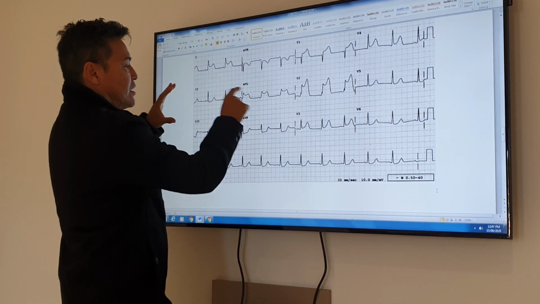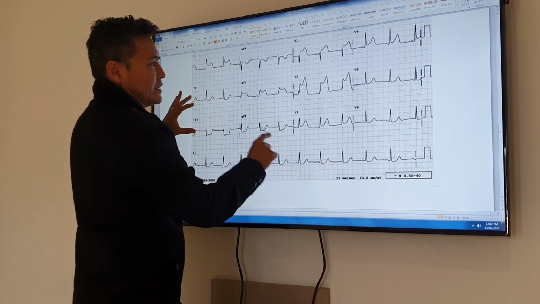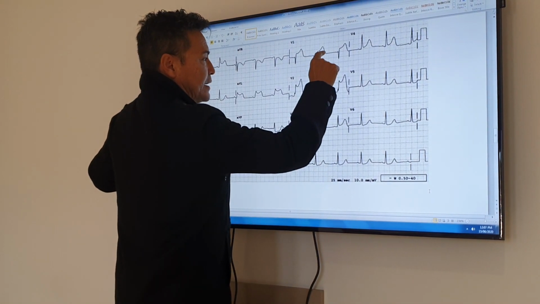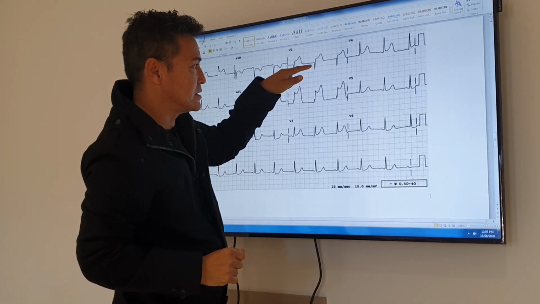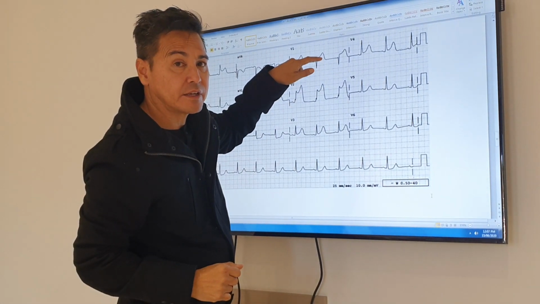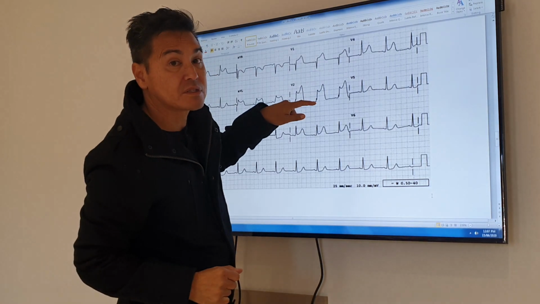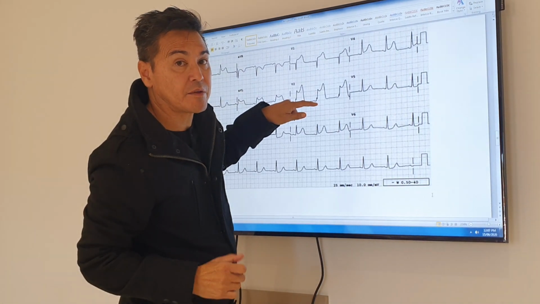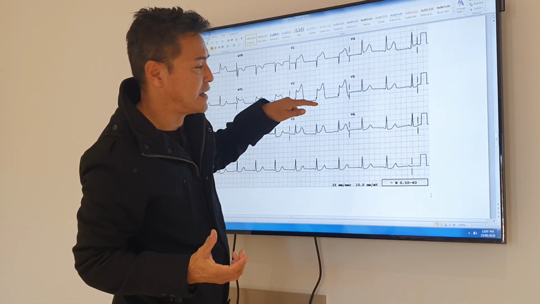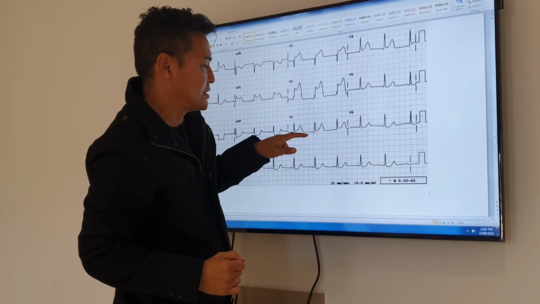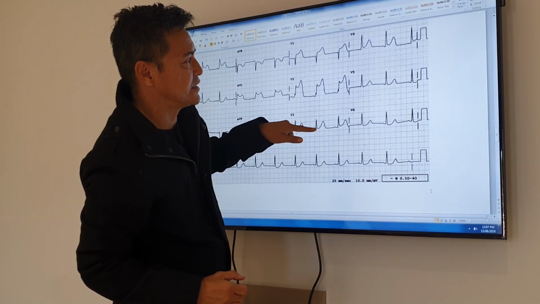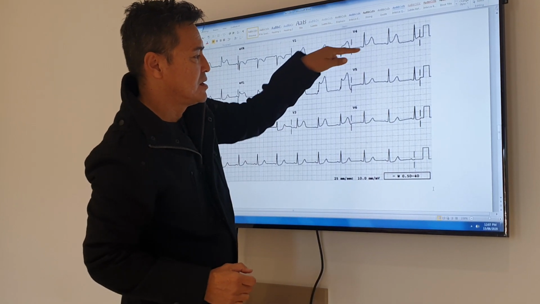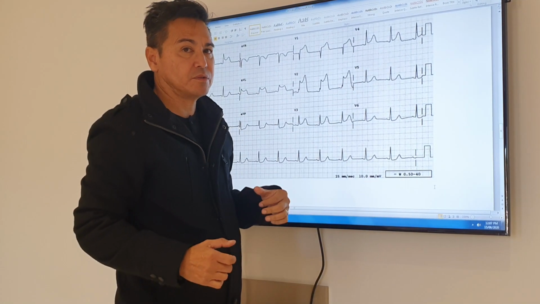So we've looked at the high lateral, we've looked at the inferior leads, and now we're going to look at the septal leads. We've got ST elevation here, and we've got significant ST elevation here. So the patient is having a septal infarct as well. The patient is having some ST elevation in leads 3 and 4, and 5 and 6 is normal.